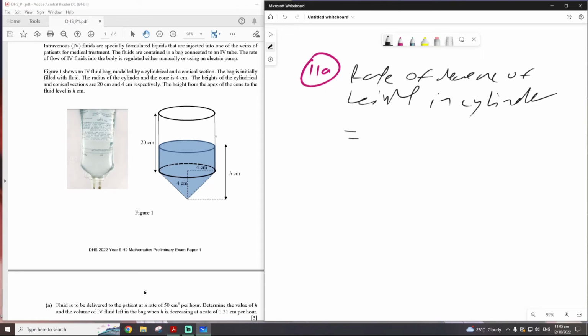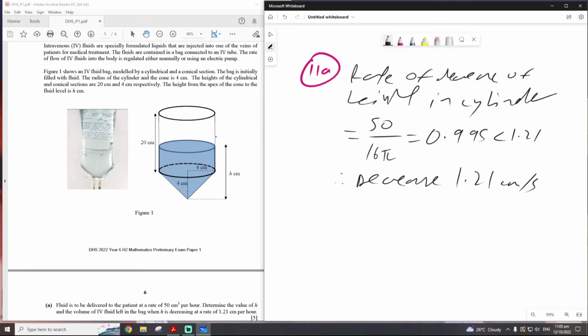Okay, so 50 divided by 16 pi, and you can actually evaluate this to be 0.995, which is less than 1.21. Therefore, we prove that the decrease of 1.21 cm per second must be in the cone, right? So we can actually ignore the cylinder already.